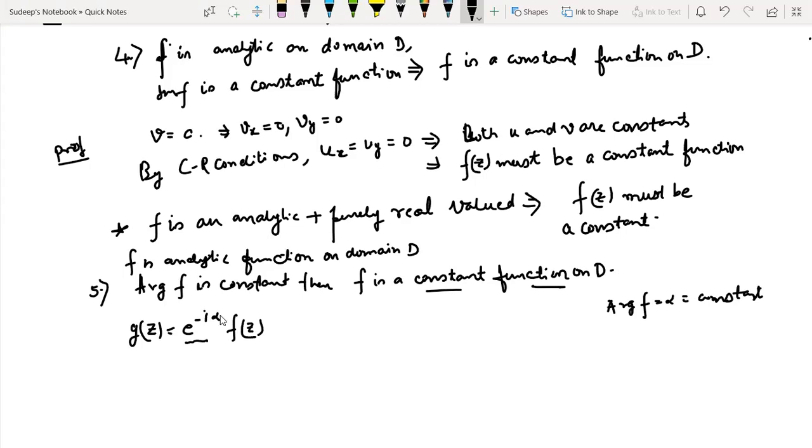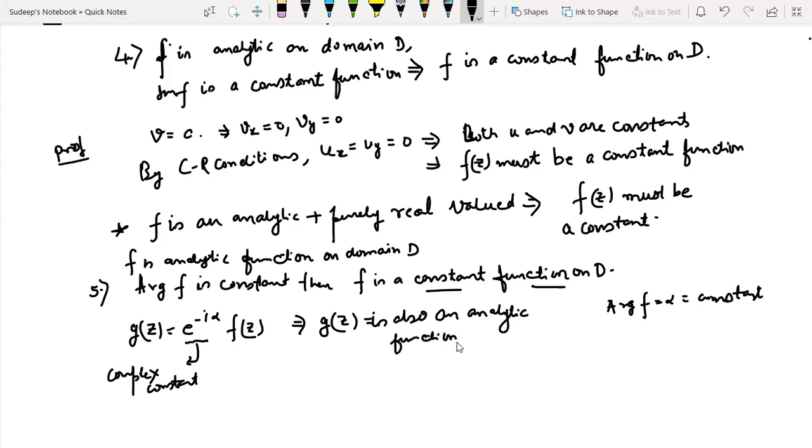So e power minus iota alpha is a complex scalar here, so it's simply a complex constant. I know that multiplying with a scalar does not change the analyticity of the function. So if f(z) is analytic, it implies g(z) must be analytic. From the algebra of analytic functions, g(z) is also an analytic function.